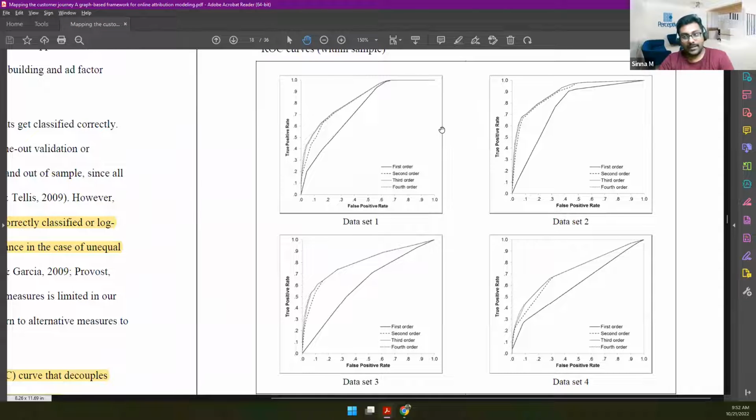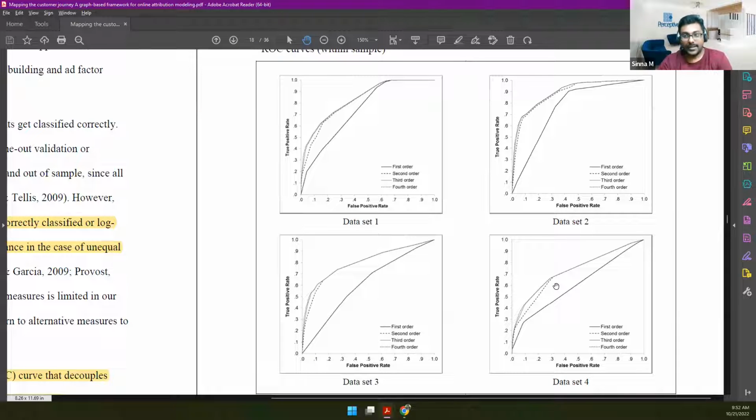And the computational speed or the time it takes, right, the algorithmic efficiency, it takes more time for higher order chains. So you might want to strike a balance between the time you need to compute versus the results you get, right? In this case, it is very clearly seen that the first to second itself gives you more or less what you want.